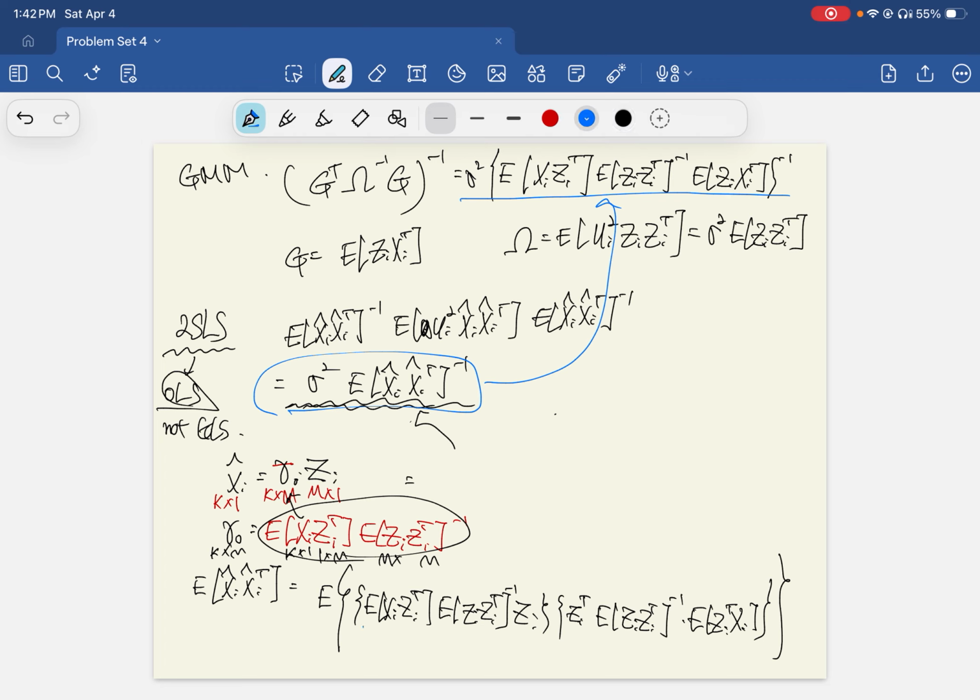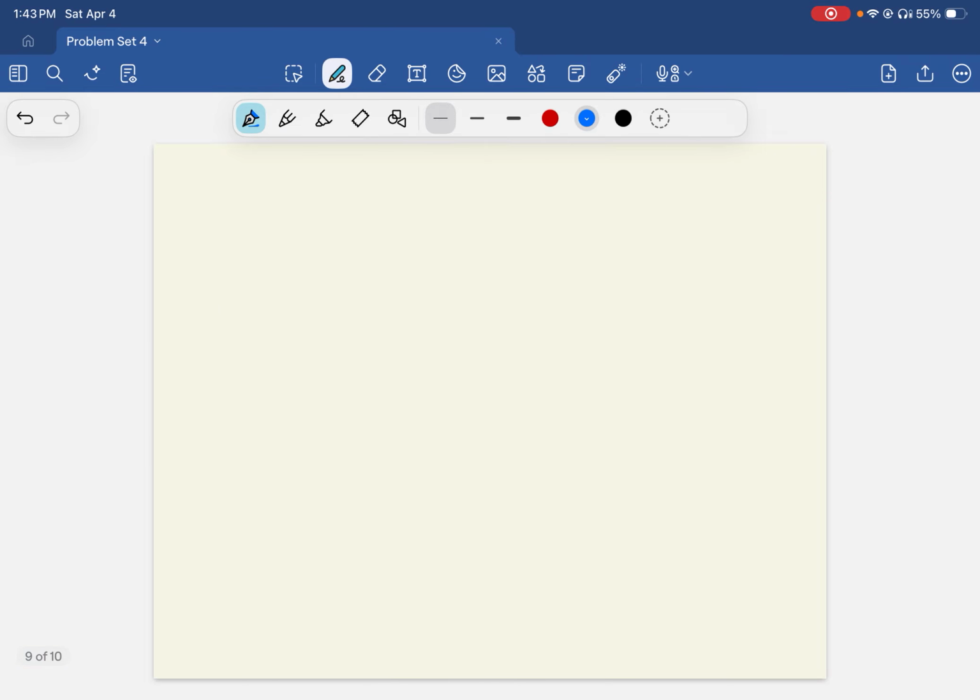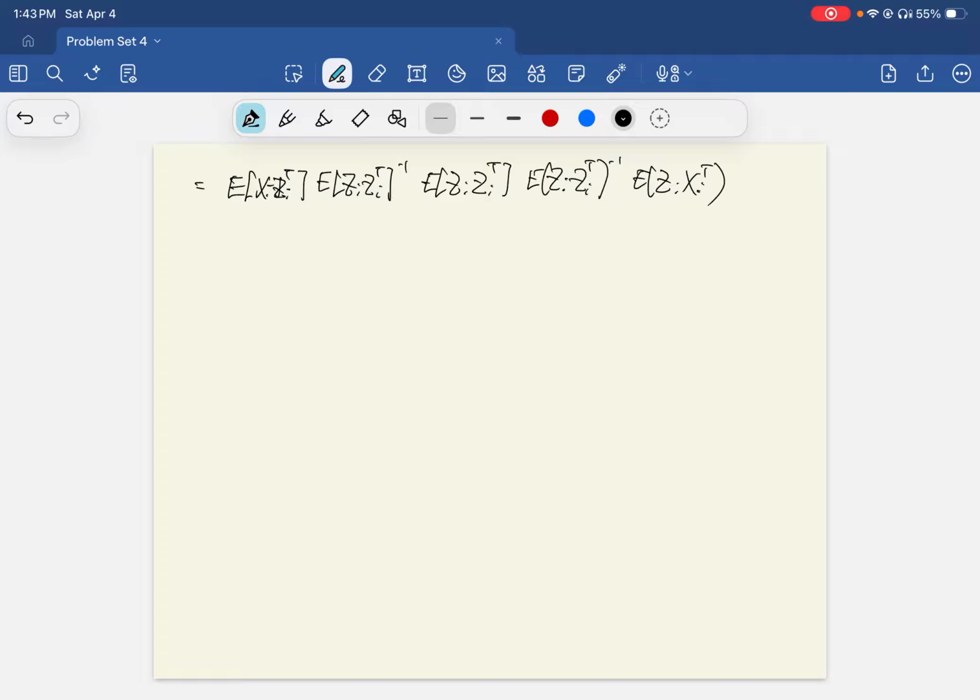Now, expectations are not random, so you can bring them out of the large expectation. So it equals expectation xi zi transpose, expectation zi zi transpose inverse, then expectation zi zi transpose, expectation zi zi transpose inverse, expectation zi xi transpose.